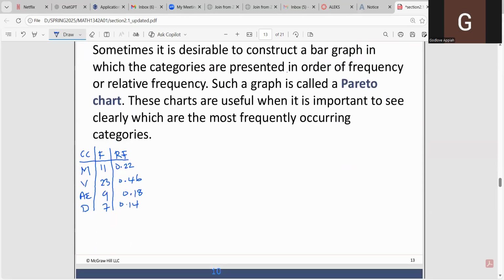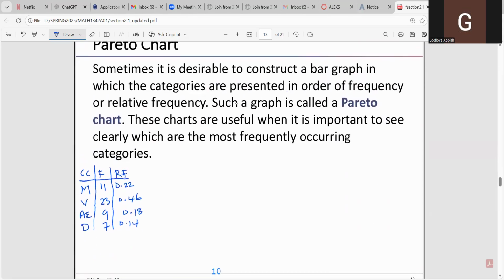All right, so let's go ahead and construct the frequency Pareto chart for the credit card data sets. I'm going to have a vertical axis, and then a horizontal axis. The vertical axis will represent the frequencies, and on the horizontal axis we're going to have the different categories.